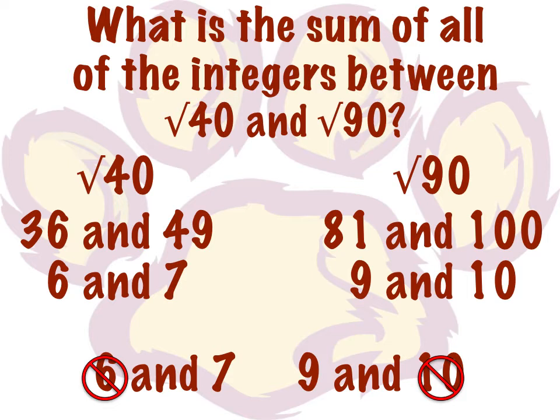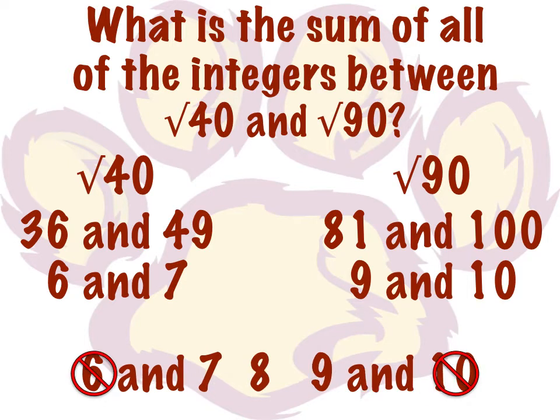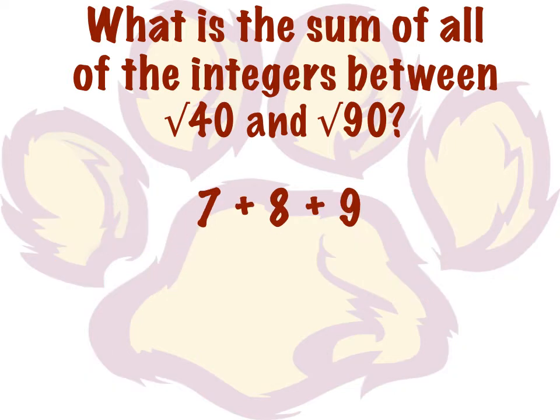We're missing one. So between 7 and 9, we should know there's an 8. Now, all we have to do is find the sum of those integers. So we would do 7 plus 8 plus 9. 7 plus 8 plus 9 gives us 24. So 24 would be our answer for the sum of all the integers between the square root of 40 and the square root of 90.